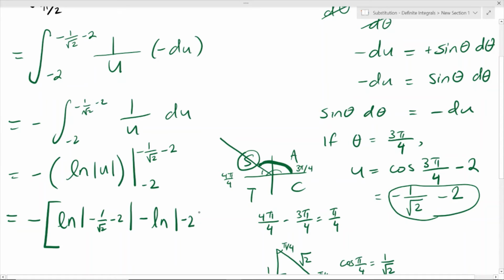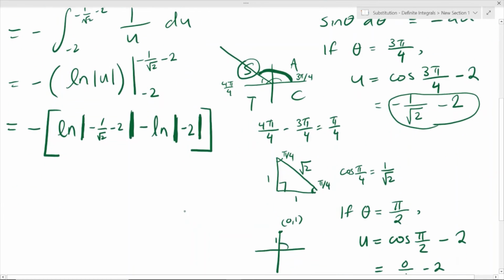So write in negative 2 like that. And here are the absolute values. I'm just going to bold it so it looks less confusing. So here's an absolute value surrounding the first value of u from the upper bound, and then the second value of u from the lower bound is negative 2.